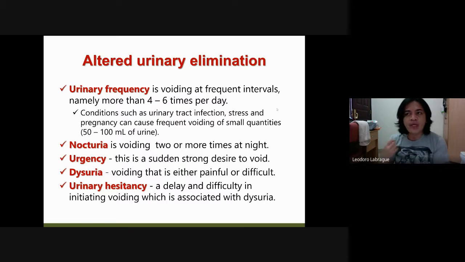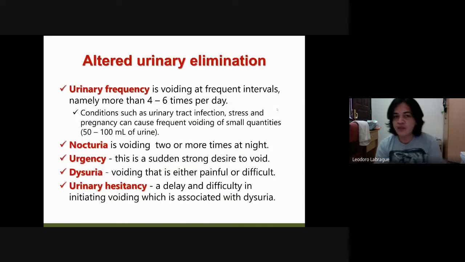However, because the patient might experience painful urination, he might be hesitant to urinate. There's an urge, but there is hesitation to urinate, maybe because of pain when the patient urinates. I want you to learn all the terms related to urinary function.